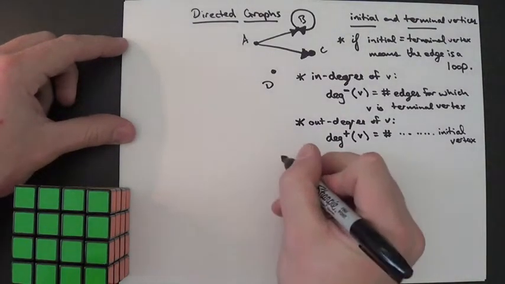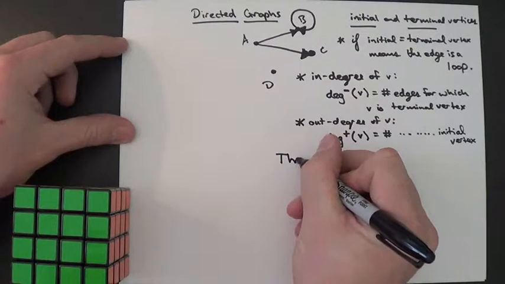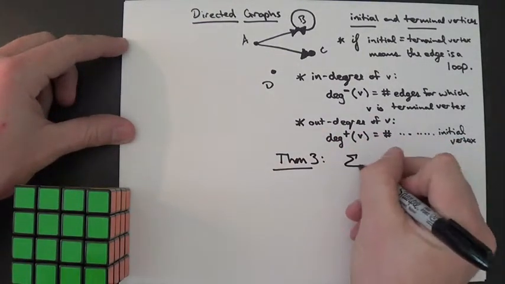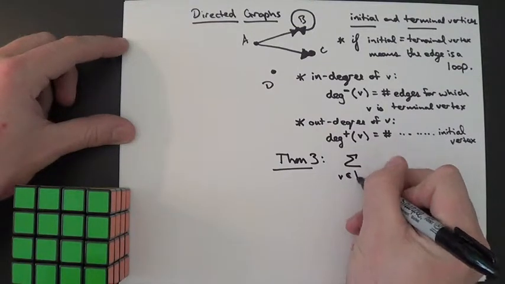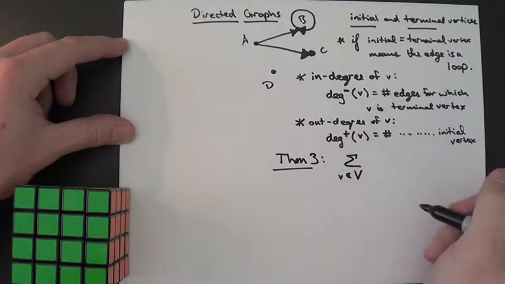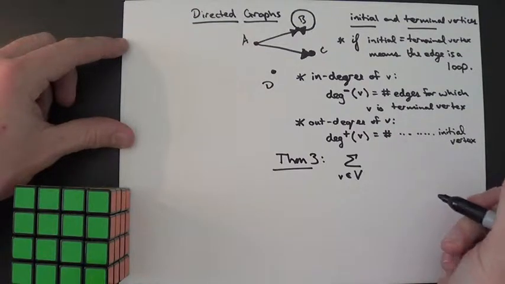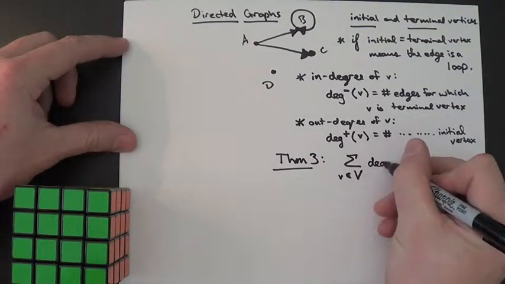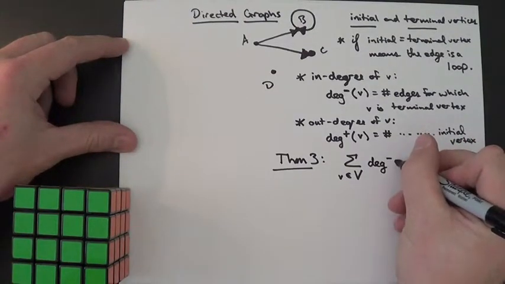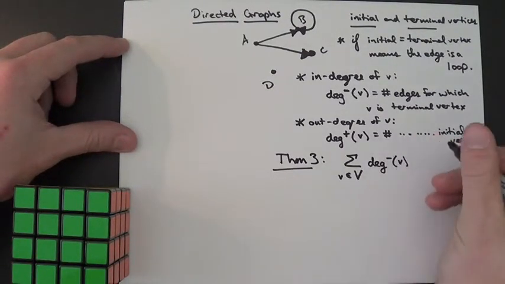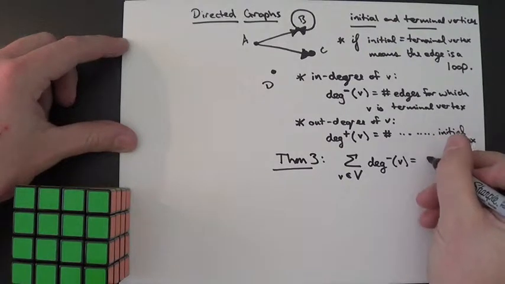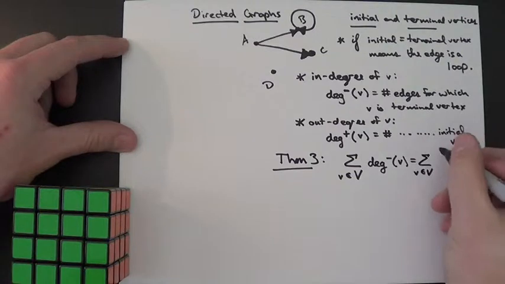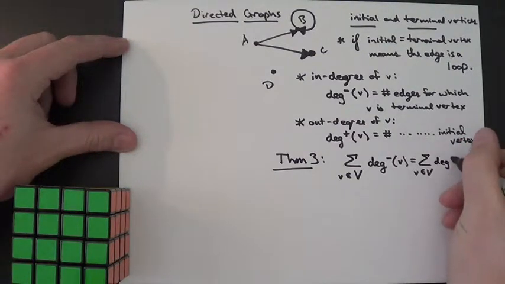So theorem 3 takes that into account. And that is the sum for all V in our vertex set of all in degrees should be equal to the sum for all V in the vertex set of out degrees.